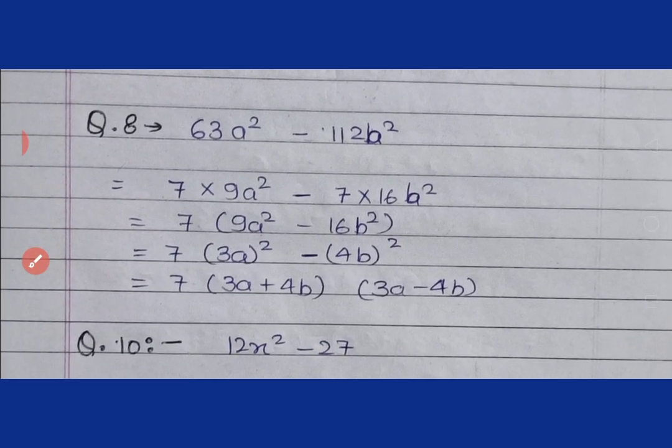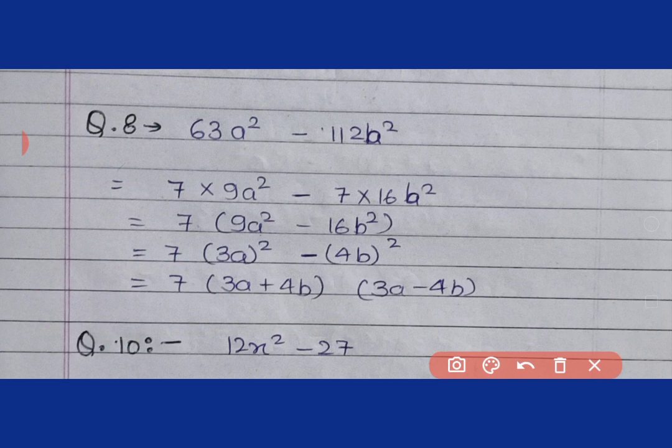Next question. It is a little bit different. Firstly, we have to change it into a perfect square, then we have to solve. As you can see here, 63a square and 112b square. As you know, both numbers are not perfect squares, neither 63 nor 112. So we have to factorize it.